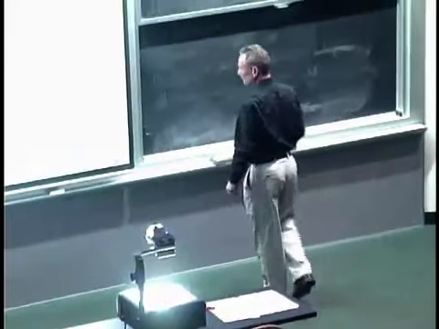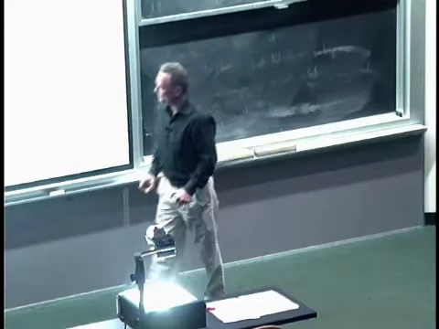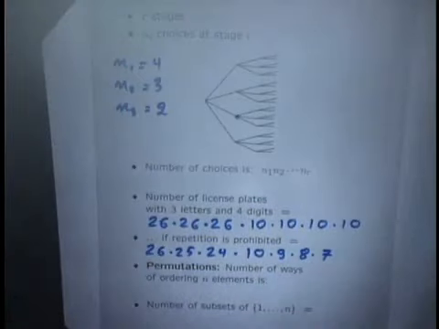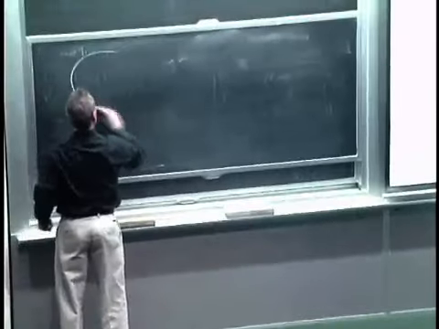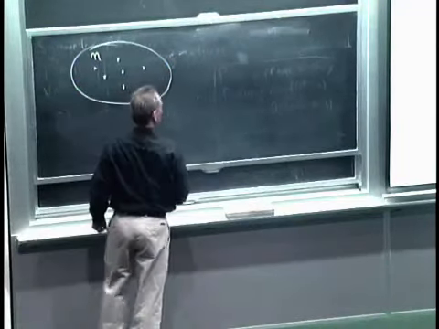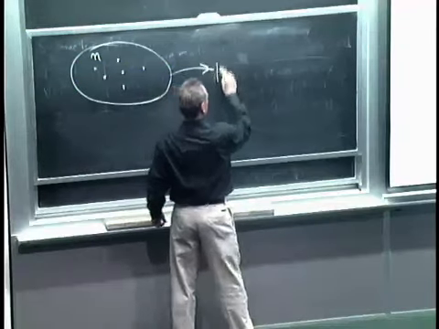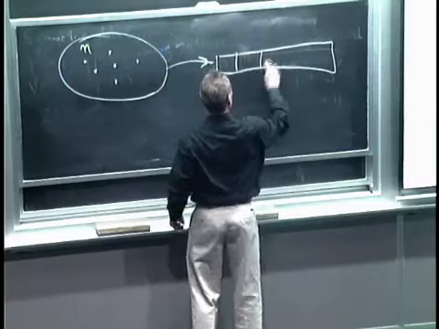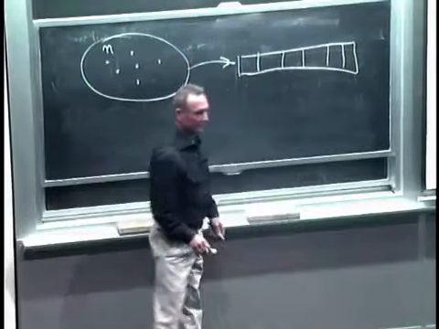All right. So now let's bring some symbols in, a related problem. You are given a set that consists of n elements, and you're supposed to take those n elements and put them in a sequence. That is, to order them.